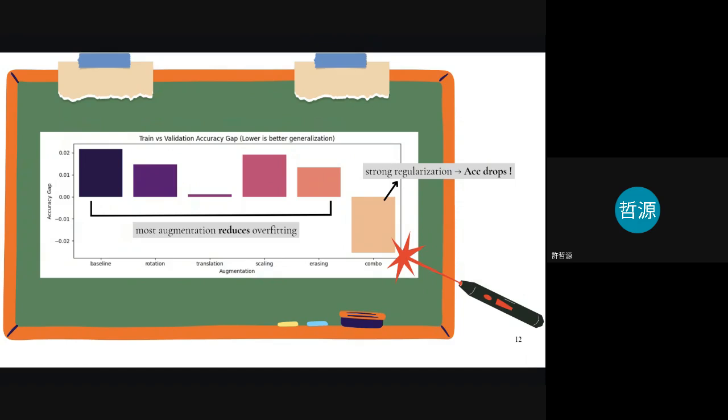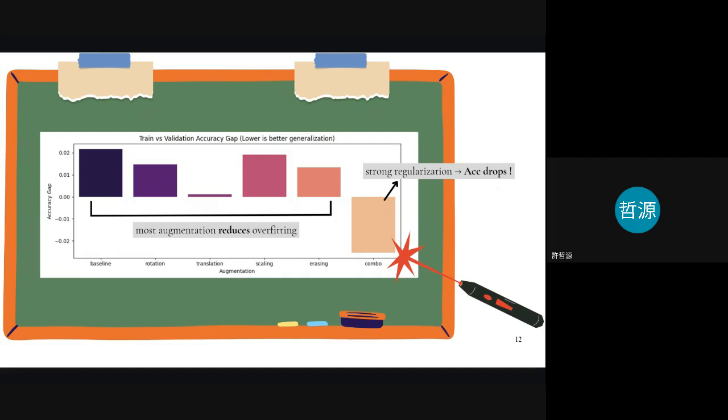As you move across the chart, every single augmentation technique successfully shrinks the gap. Translation, for example, brings the gap down to almost zero, showing excellent generalization. Since our combo method on the far right produces a negative gap, this indicates extremely strong regularization.